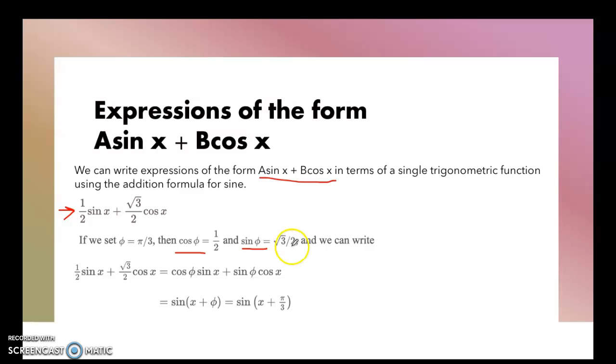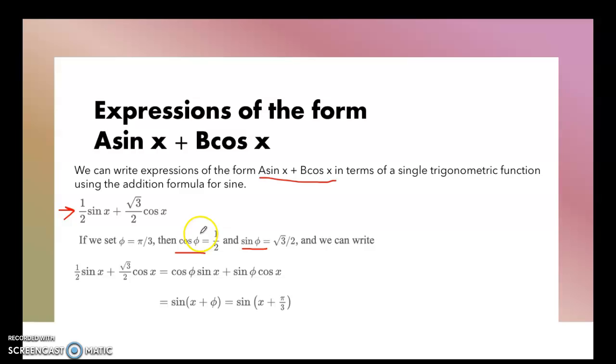And why would we do that? Because it comes from the sine of phi plus x. So it'd be cosine of phi sine of x plus sine of phi cosine of x. That's from the addition formula for sine.